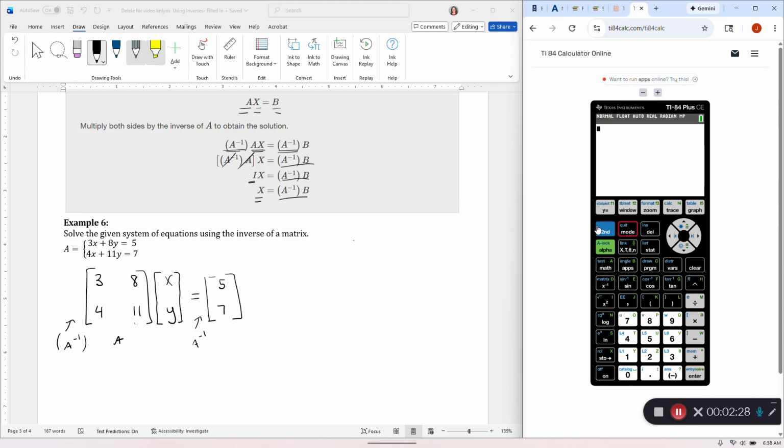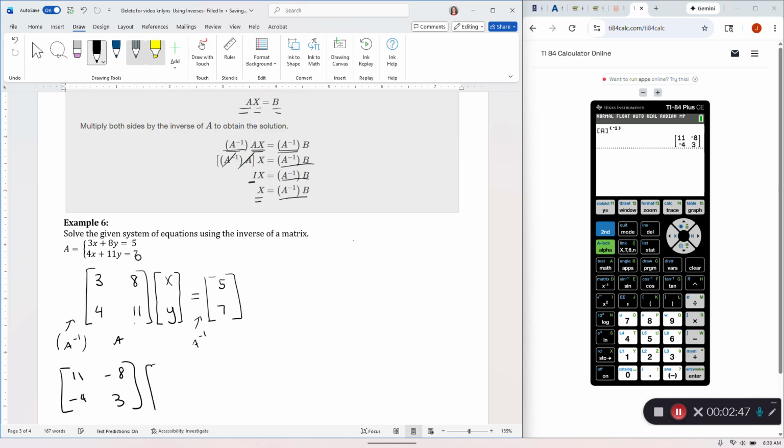So what I'm going to do is go get matrix A, and find the inverse of it. There's my inverse. So basically what I am doing is multiplying by 11, negative 8, negative 4, 3.